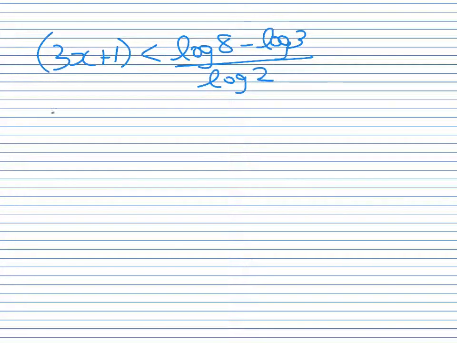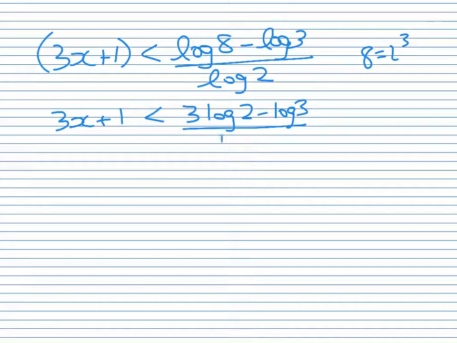Now, we haven't divided by any negative numbers, so there are no issues with the inequality throughout this question. But recognising that log of 8 is 3 log 2, that gives me 3 log 2 minus log 3 over log 2.